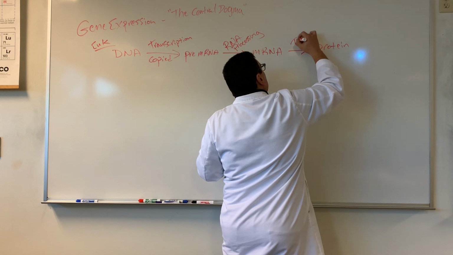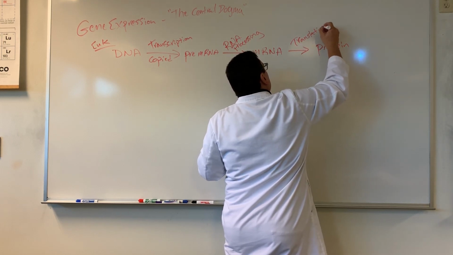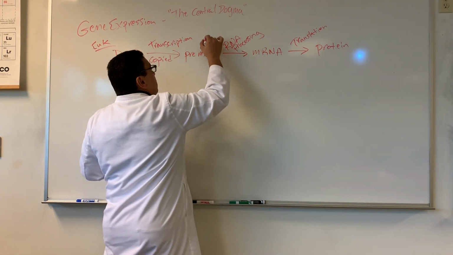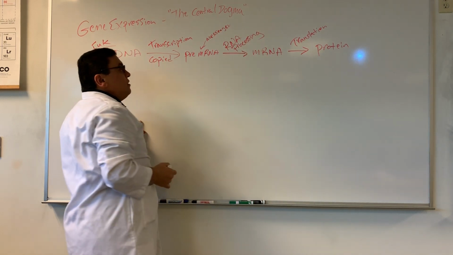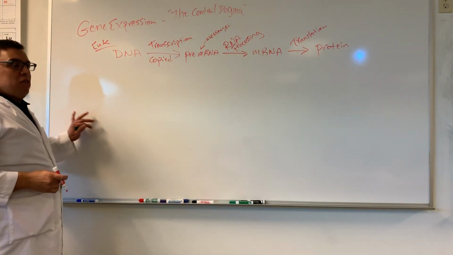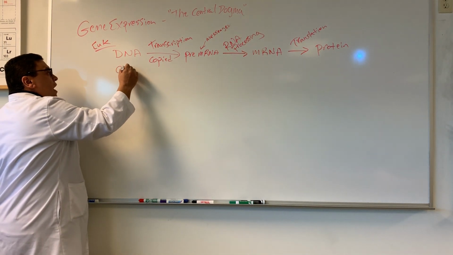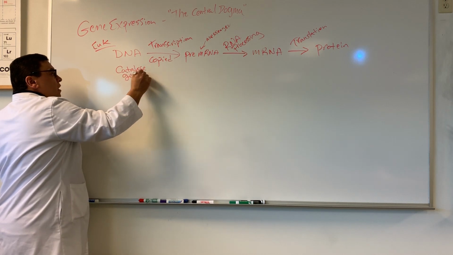You heard some of this stuff before, but it was just introductory. We're going to get into it today. The little m stands for the word messenger, because it has the message to make proteins. So, for example, let's say we're trying to make catalase. So we're going to start with the catalase gene.